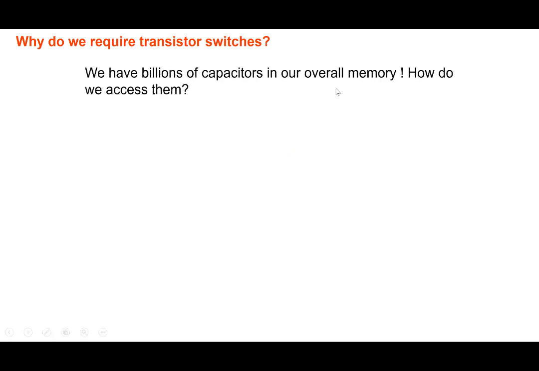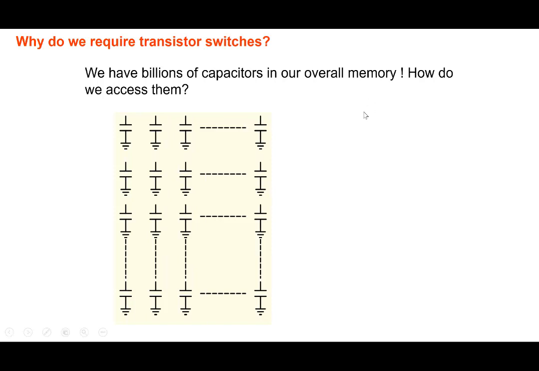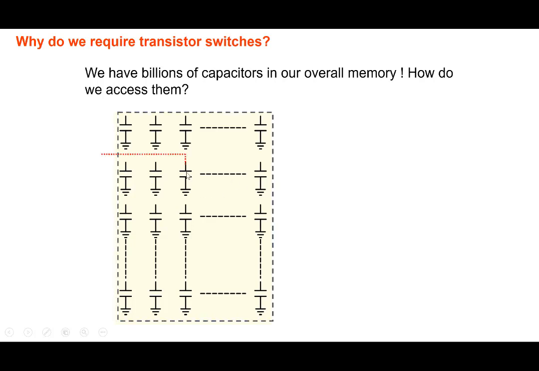So why do we require transistor switches? We have billions of capacitors in our overall memory. How do you write data into the memory? How do you read the data out from the memory? Let's say you have these billions of capacitors, all arranged in this particular manner, and all the bits are stored on these capacitors. You want to access this particular bit and read what the data is.